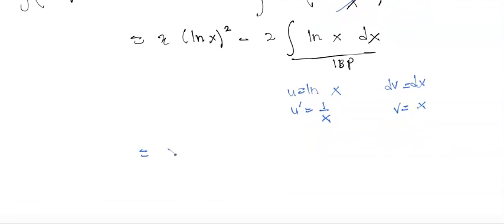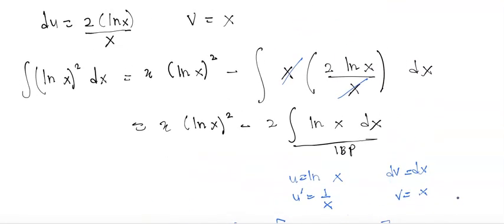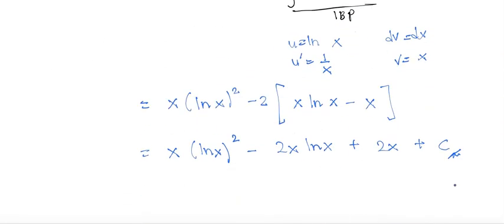So I just take the answer from example 2, it will be x ln x minus x, and the final answer is x ln x square minus 2x ln x plus 2x plus c. That's how you solve this function ln x square.